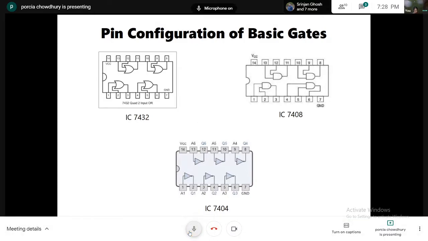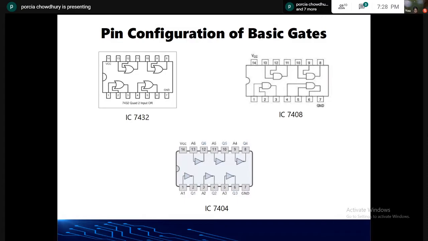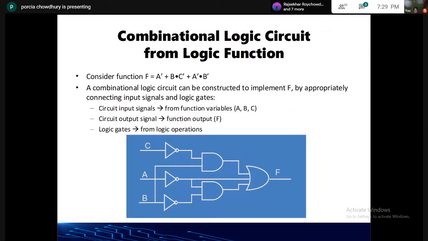Yes, ma'am. Okay, so suppose I have a circuit, and I want to refer to the previous circuit, this one. In this circuit I have 3 NOT gates, 2 AND gates, and 1 OR gate. 3 NOT gates means only 1 NOT chip is enough. Then 2 AND gates, again 1 AND chip is enough, and 1 OR gate, so 1 OR chip is enough.